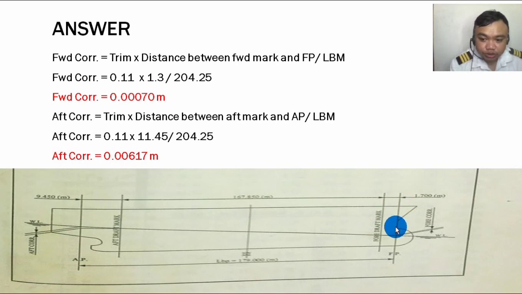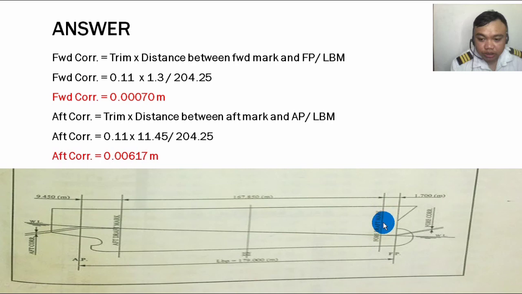Okay, so in this picture we have here the perpendiculars. This line here is the forward perpendicular, and this line here is the after perpendicular, and we have the draft at after mark. This is the location of the after mark, and on the forward part we have the forward draft mark.